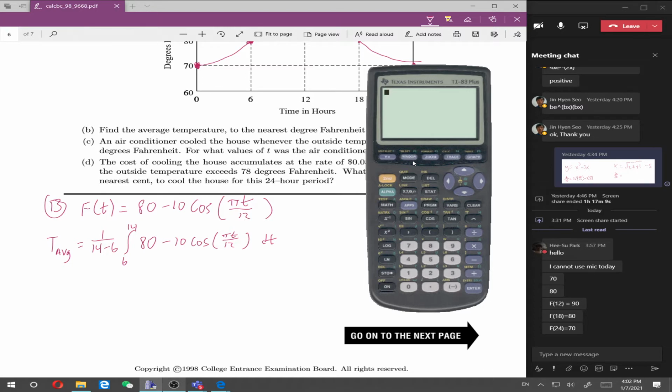And our average temperature, so 1 over 14 minus 6 times the integral of function y1 in terms of x from our lower bound to our upper bound. That should give us our answer.